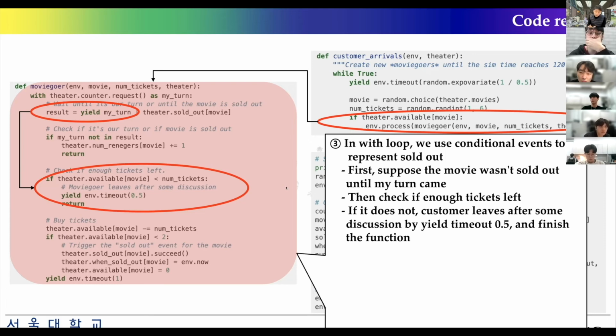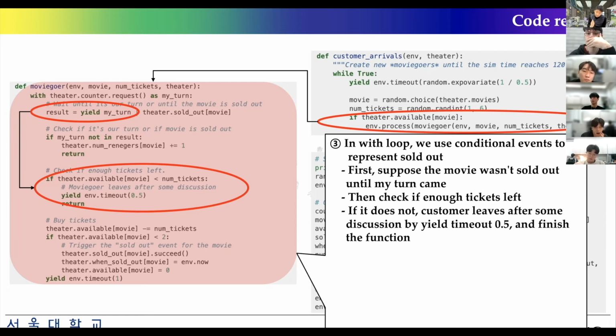This is the one branch of this simulation. This branch means that the moviegoer can buy his or her tickets and check the remaining tickets.